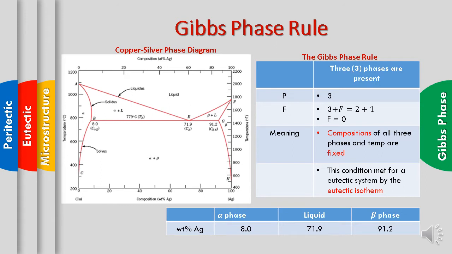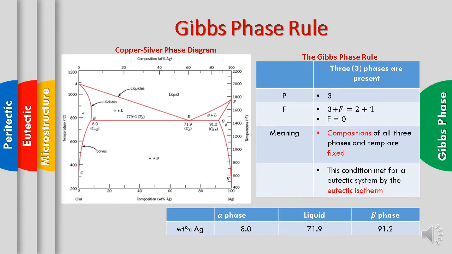So basically from the previous slide, we already covered the Gibbs phase rule, whereby we have three phases present. In this case, the example phase diagram is the copper silver phase diagram.